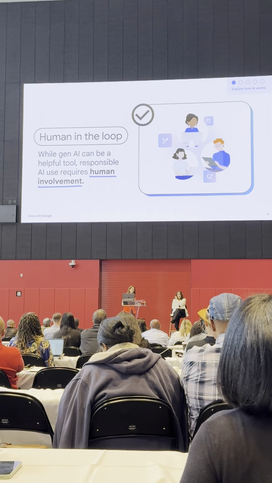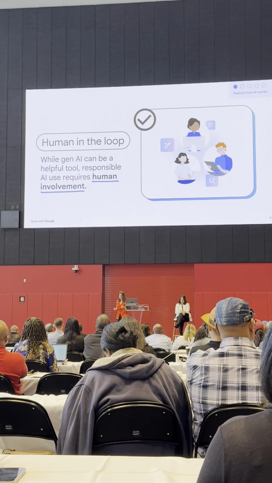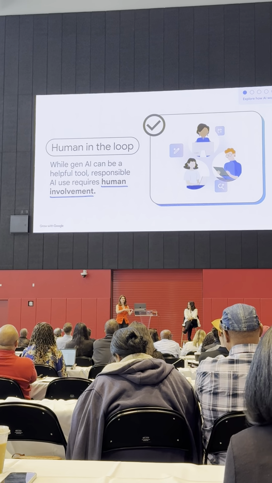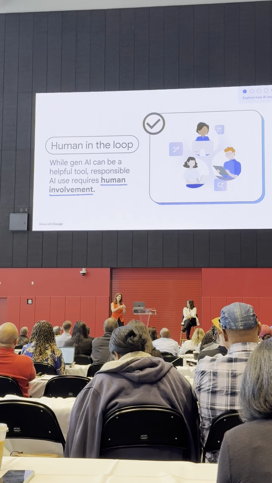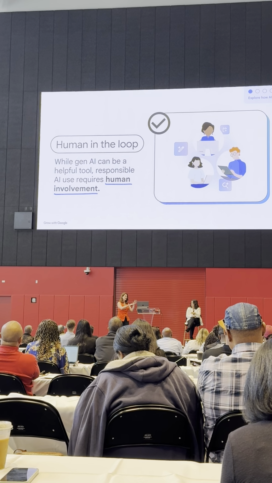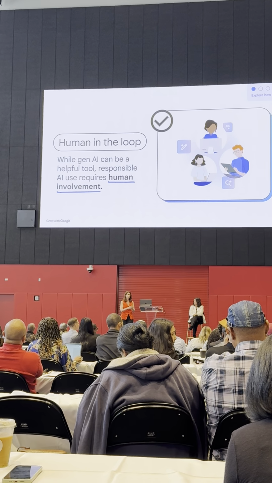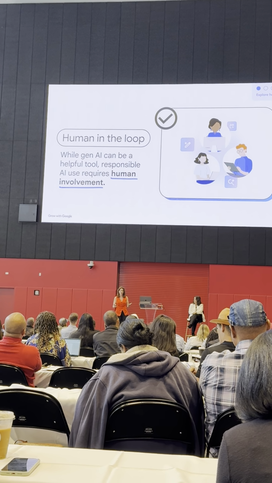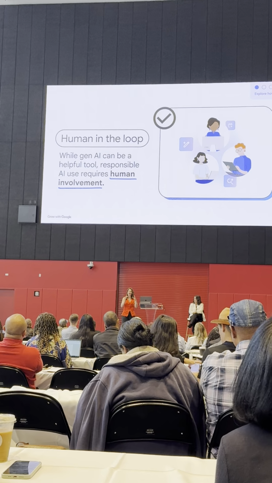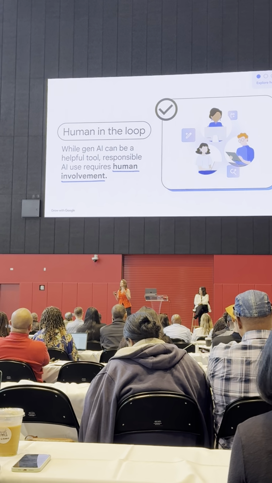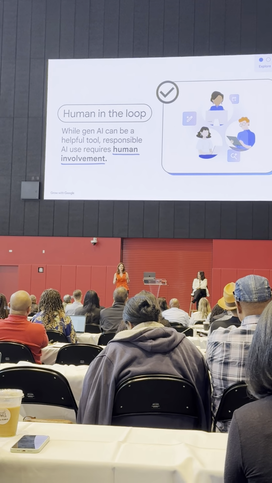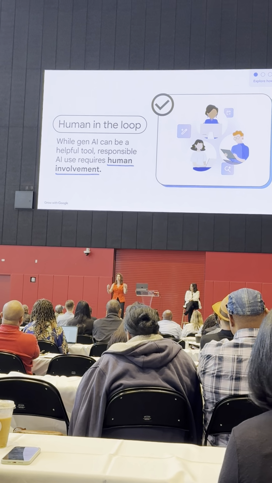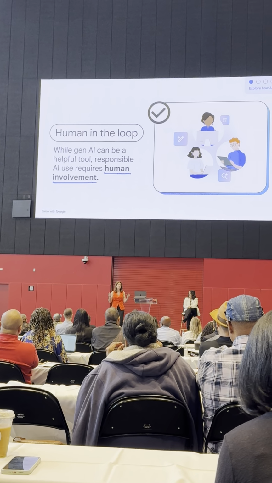Before I do, I heard someone talk a little bit about some of the ethics. This presentation doesn't specifically focus on that one topic, but one thing that is really important is to maintain what we call the human in the loop approach. That means AI is your tool. You can use AI to help you do things, but it is not intended to replace your work, your human perspective on that output.